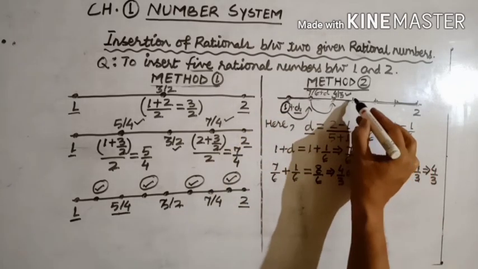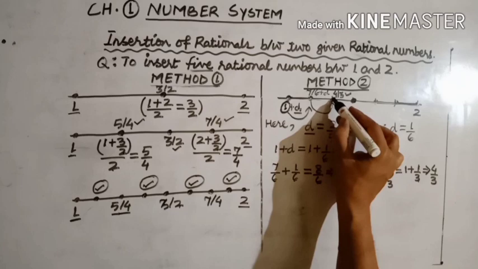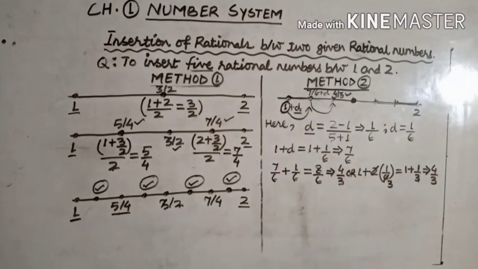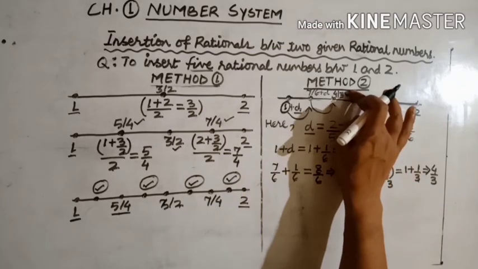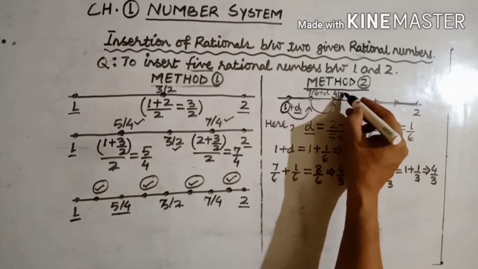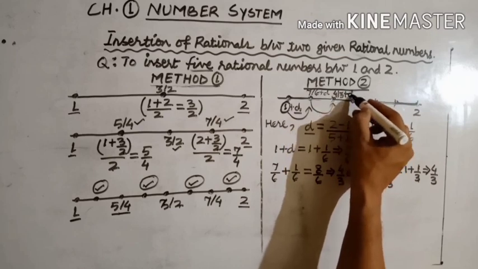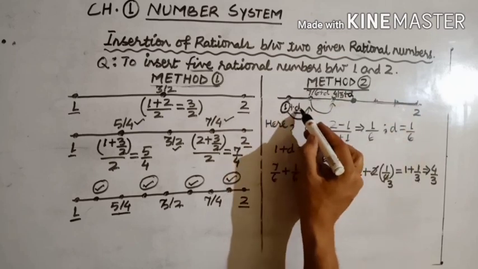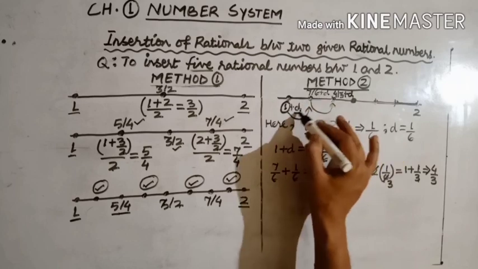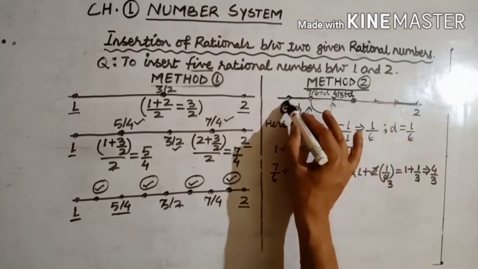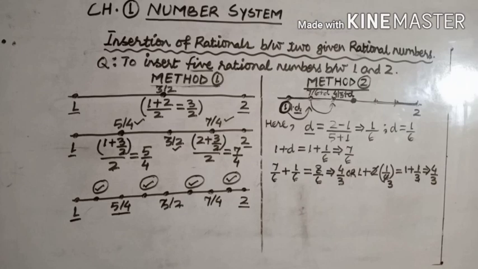Let's check the next rational number after 4 by 3. This you may calculate if D is added to 4 by 3, or D, D, D, it means 3D is added to 1.